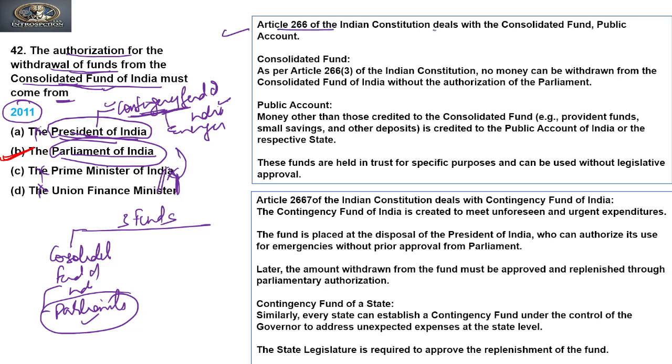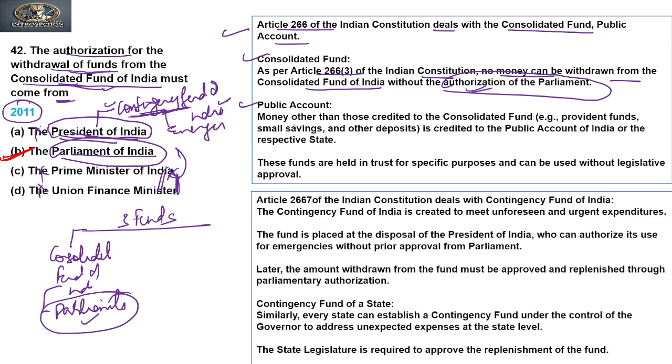Now if we come to the explanation of this question, Article 266 of the Indian Constitution deals with the Consolidated Fund and the Public Account. As per Article 266 Clause 3, no money can be withdrawn from the Consolidated Fund of India without the authorization of Parliament, and we have already seen this.